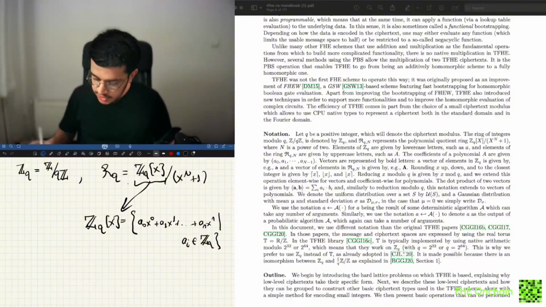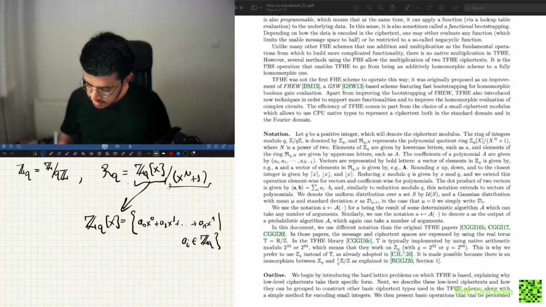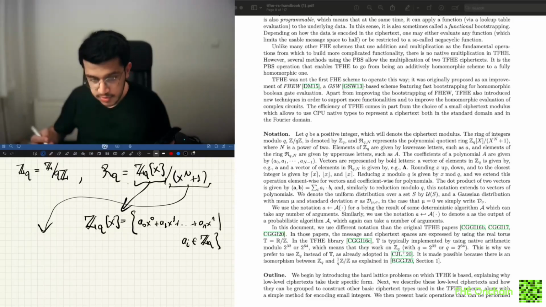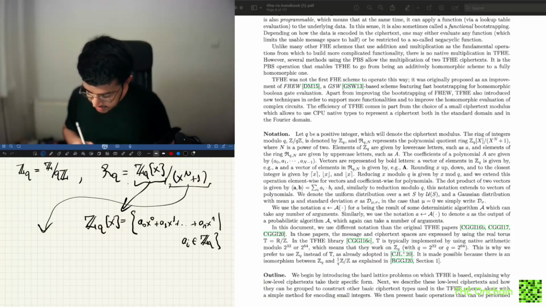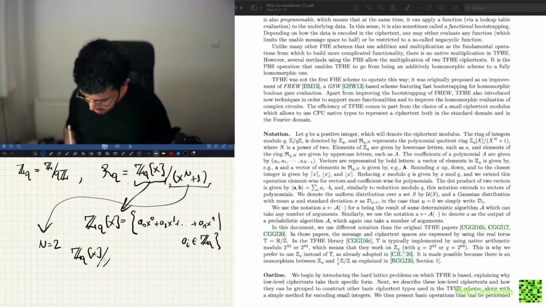When we add an additional polynomial modulus, we're actually adding what we call the negacyclic property. Let's assume n is equal to 2, then our polynomial ring becomes modulo x squared plus 1.